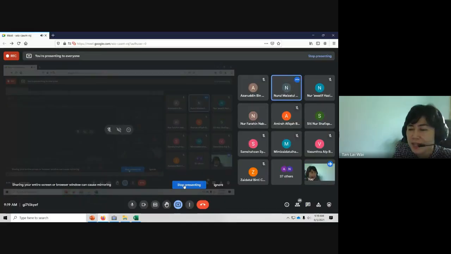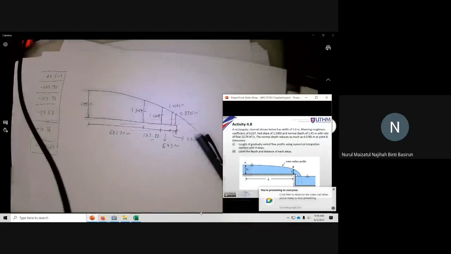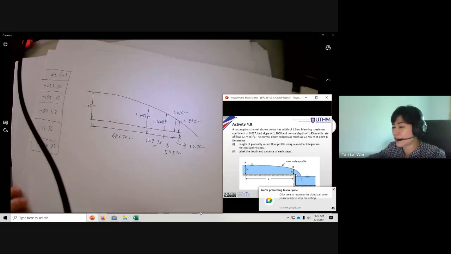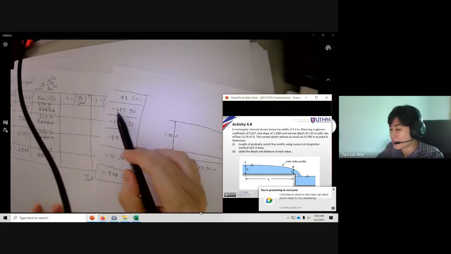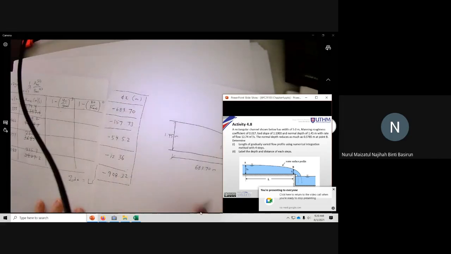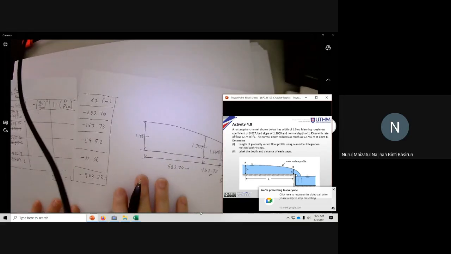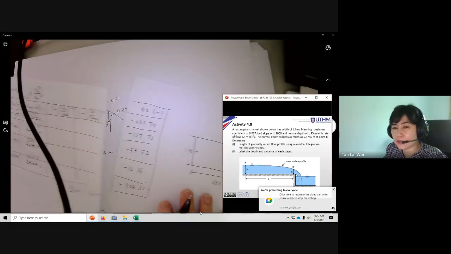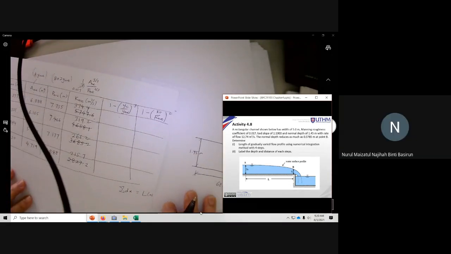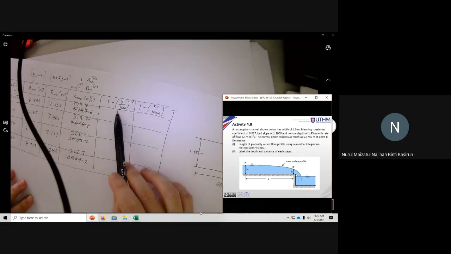Doktor, ya, saya Maizatul. Yang dekat Y tu, memang doktor tulis tolak ke? Memang tolak. No. Actually, which Y? Here? Bukan. Yang mula-mula sekali. Kotak yang mula-mula. Yang kita nak cari Y average tu.